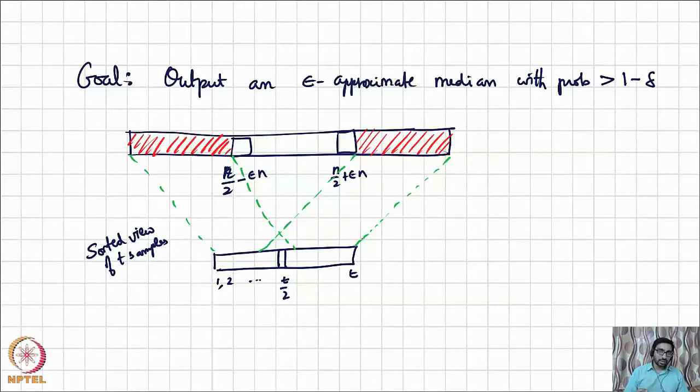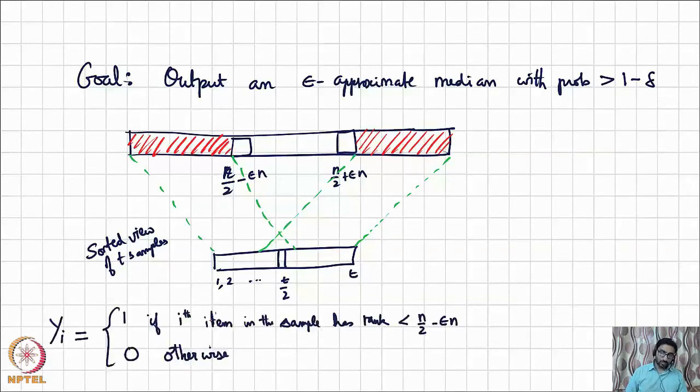So the question now is, what is an appropriate value of t such that these two bad events can be avoided? For that, let us define a random variable. Yi is our random variable, and it's equal to 1 if the ith item in the sample, now you just think of the sample as being ordered in some way, not necessarily sorted, has rank less than n by 2 minus epsilon n.